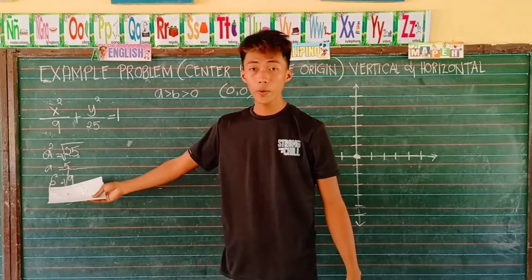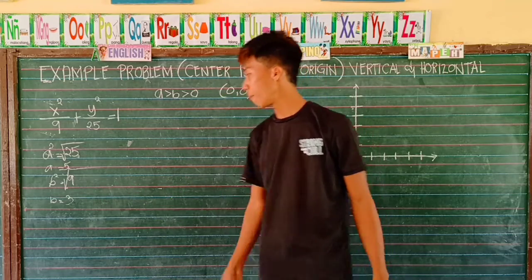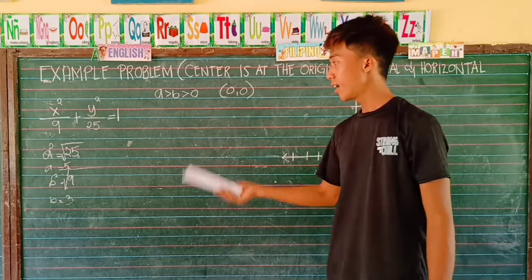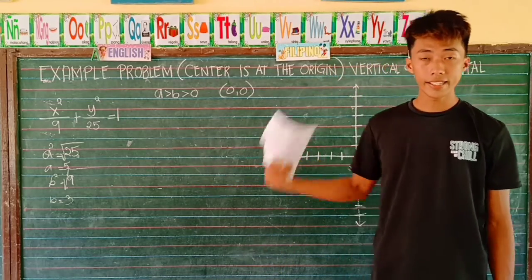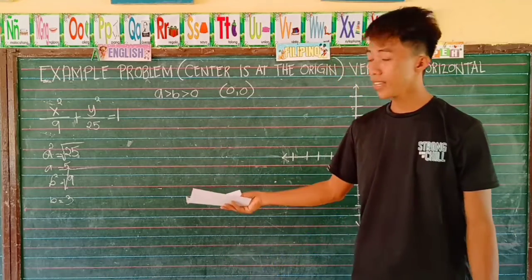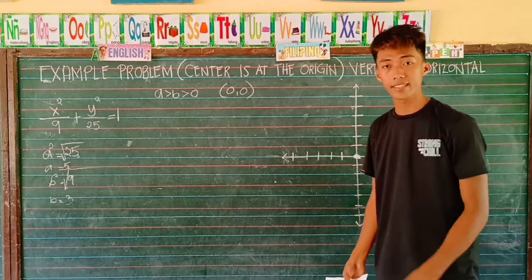Therefore, the value of our A is equal to 5 and B is equal to 3. And then, as we mentioned earlier, ang value sa A nag-represent sa atong vertices, and then sa B nag-represent sa atong co-vertices.